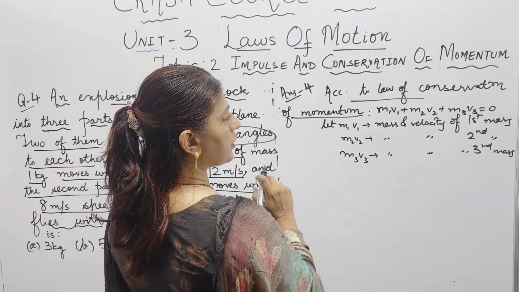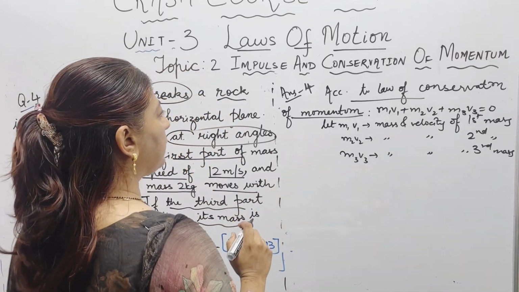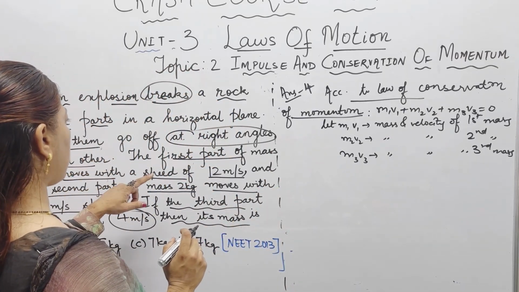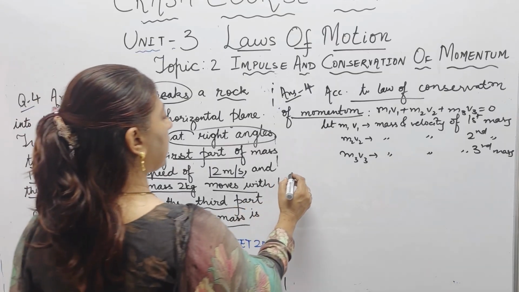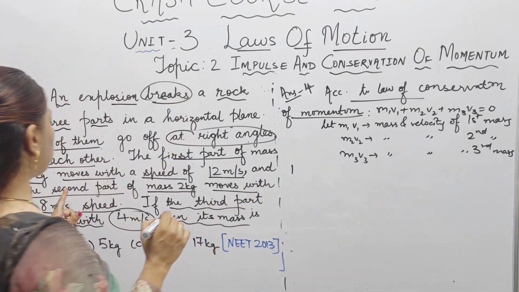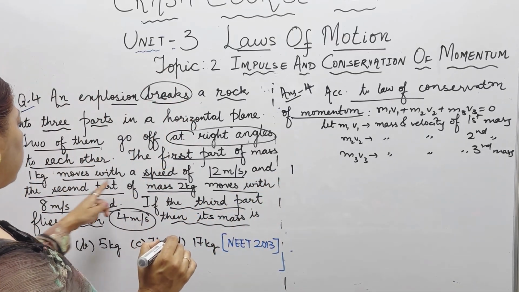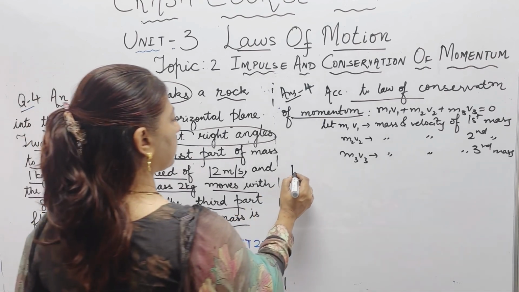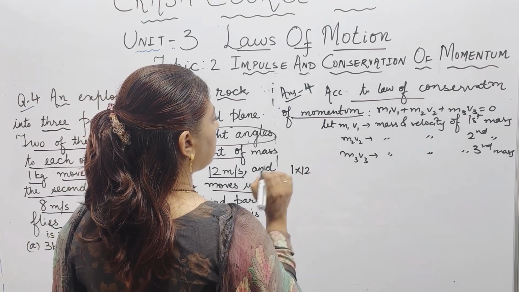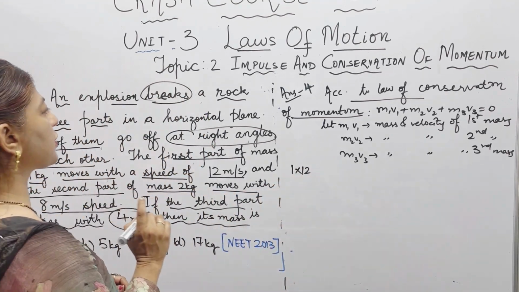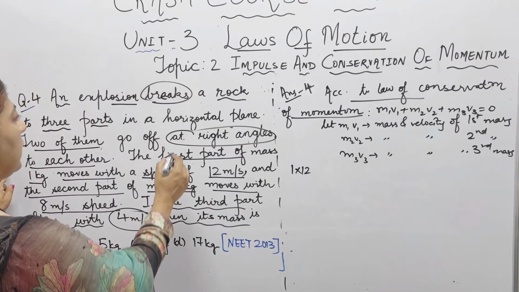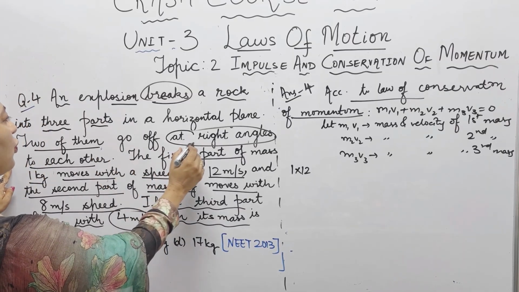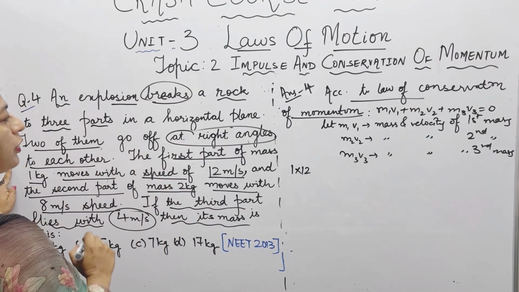According to this, the first mass that has been mentioned is 1 kg, and its velocity is 12 meters per second. One more additional thing has been given to us, that two of them go off at right angles to each other.